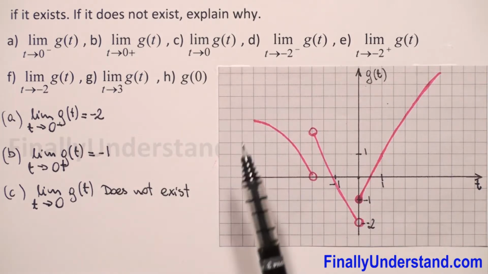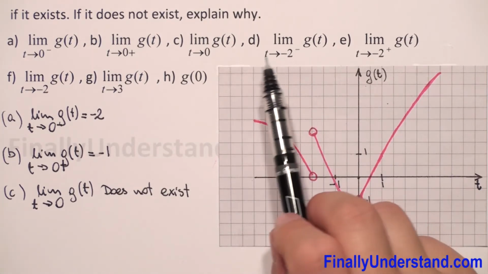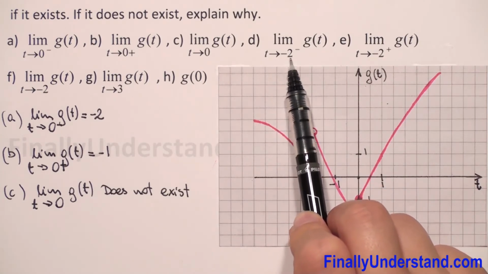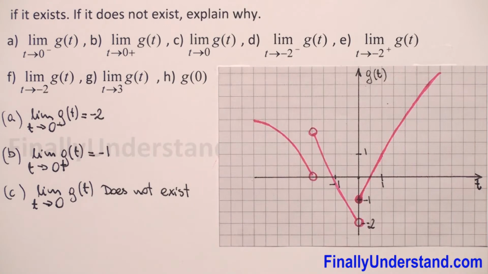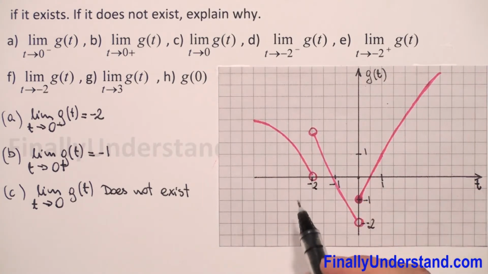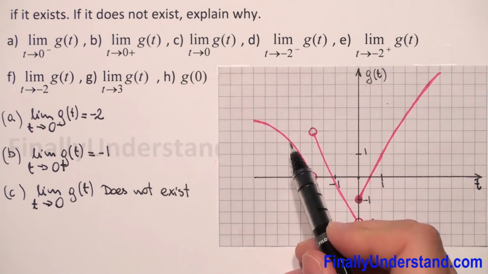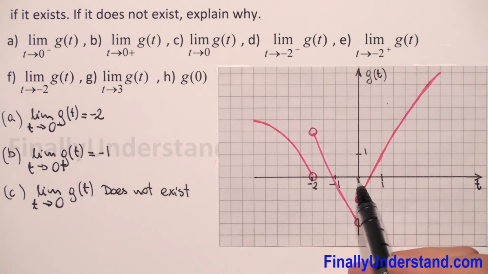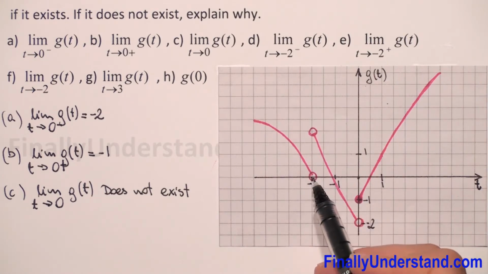Now we have to find the limit of g of t as t approaches -2 from the left. -2 is here. We approach -2 from the left side. We are going to the value 0.